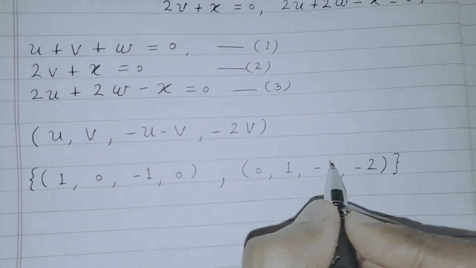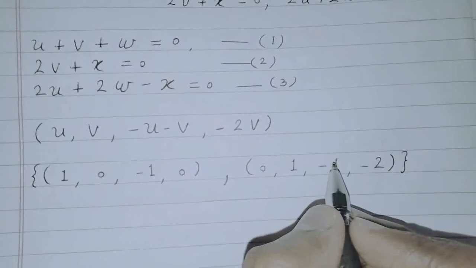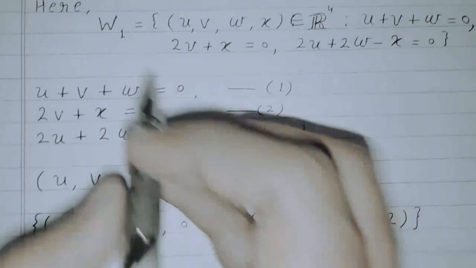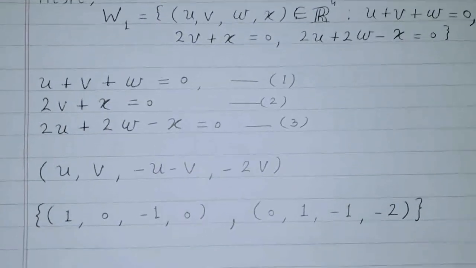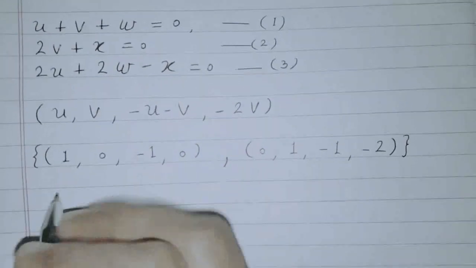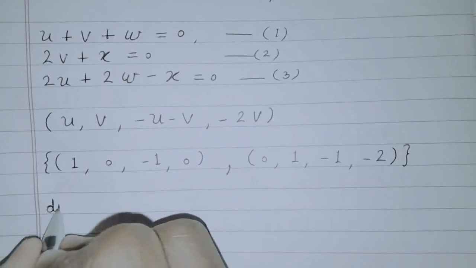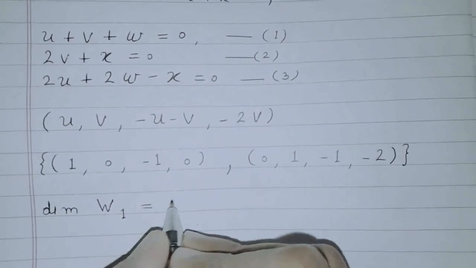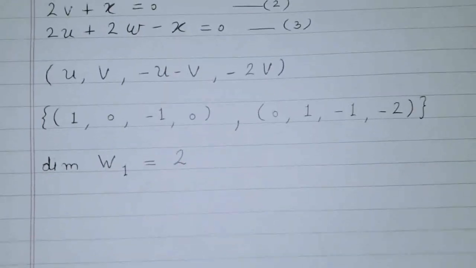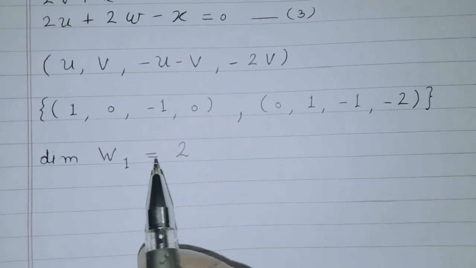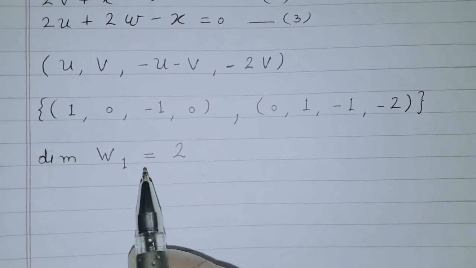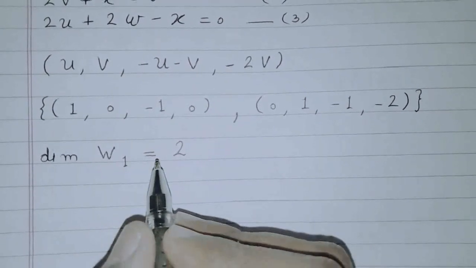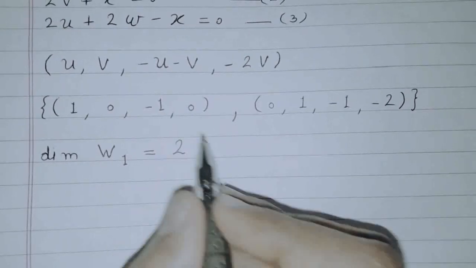Obviously these two vectors are linearly independent, and also this set is the basis set for this given vector space, and from this we can see which clearly shows option number 1 is not true. For option number 1 says dimension of W1 is equal to 1, but we can see it is 2.